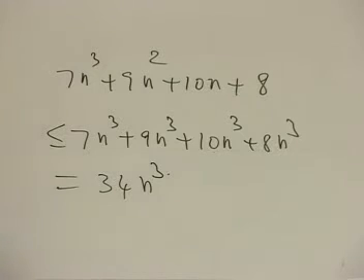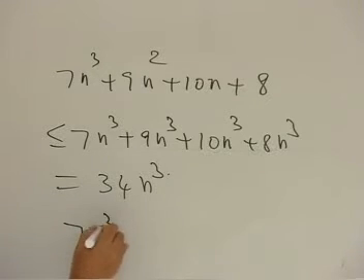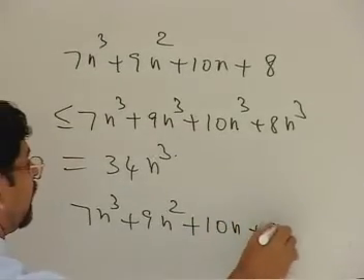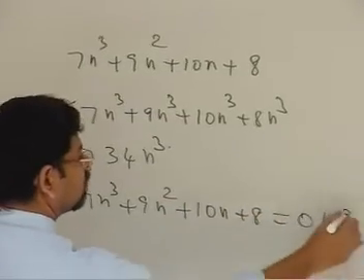In other words, I can write 7n cube plus 9n square plus 10n plus 8 as order n cube.